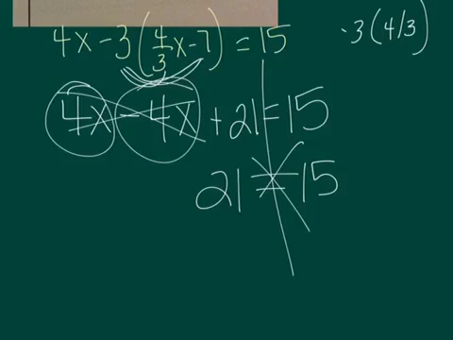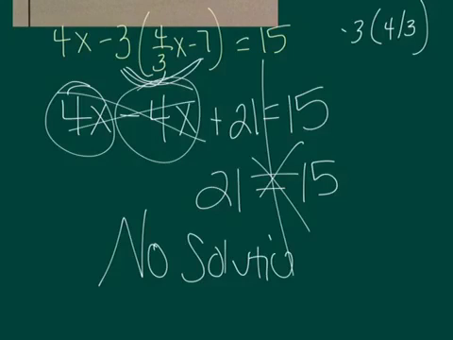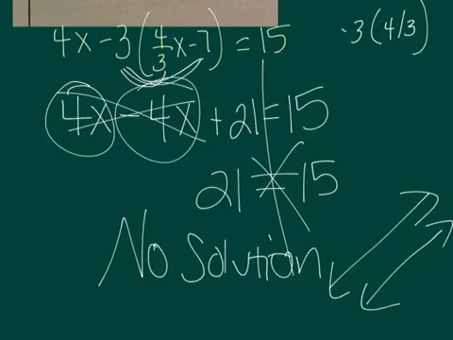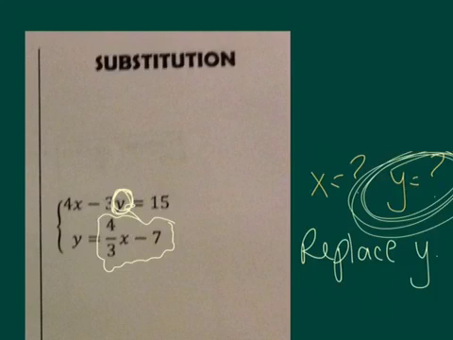The answer is there is no answer. This one is no solution. Think about the graphs. What does a graph look like if there's no solution? They would have been parallel lines. Okay, so back up at the top now, under this one, write no solution.